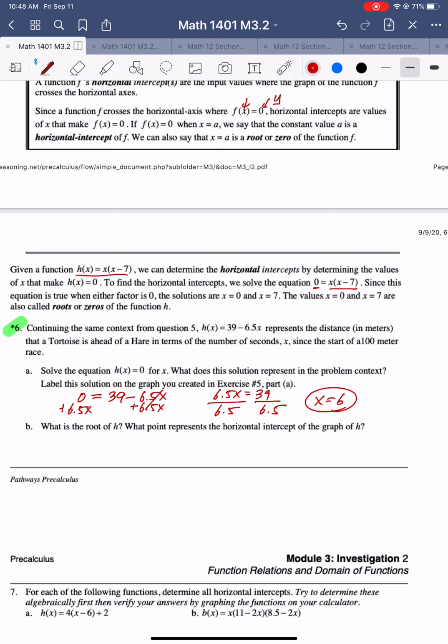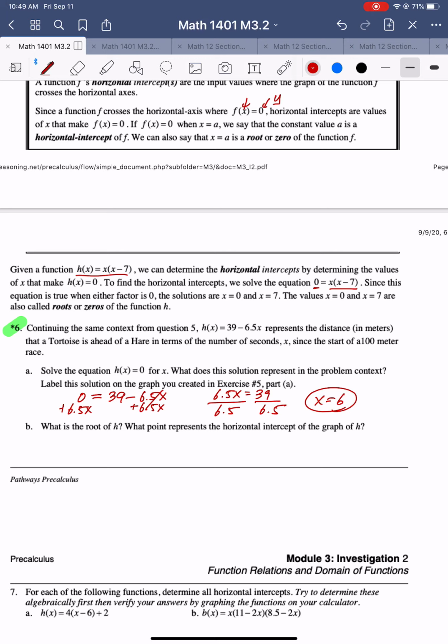The x equals 6 represents the number of seconds since the race began when the distance between the tortoise and the hare equals 0. So they met somehow, okay? But it's going to be after the finish, or whether the hare and the tortoise finished the race or before, okay?